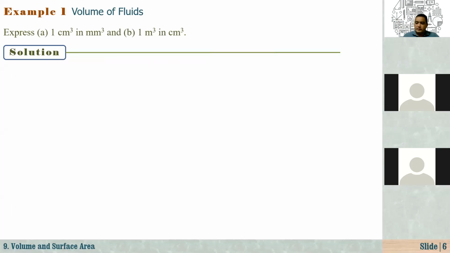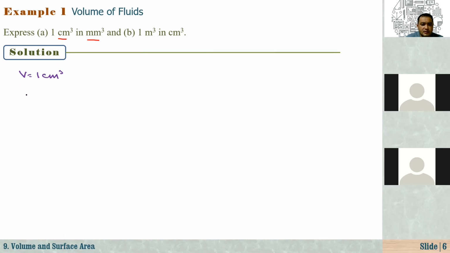All right. So how do we convert one unit to another in volumes? It says convert 1 centimeter cube into millimeter cube. Again, we should understand what we mean by 1 centimeter cube. Let's say volume equals 1 cm cube.